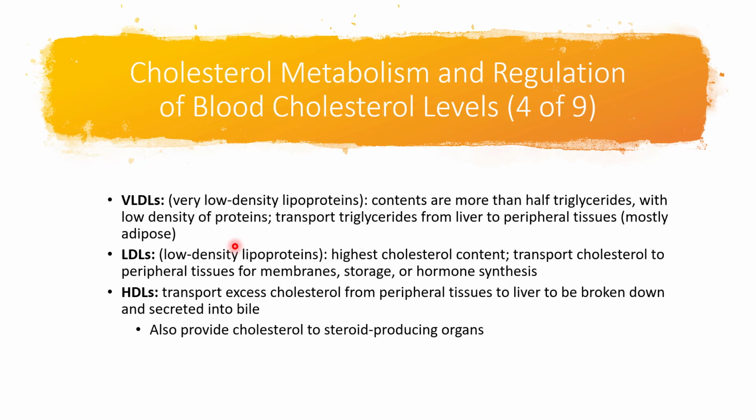The low density lipoprotein has the highest cholesterol content. They transport cholesterol to peripheral tissues for membranes, storage, or hormone synthesis. And your HDL transports excess cholesterol from peripheral tissues to the liver to be broken down and secreted into the bile. They also provide cholesterol to steroid producing organs.